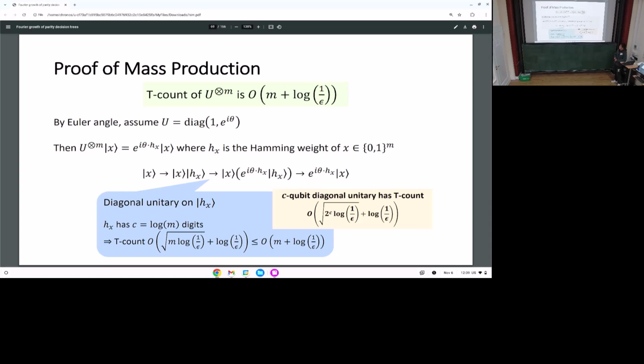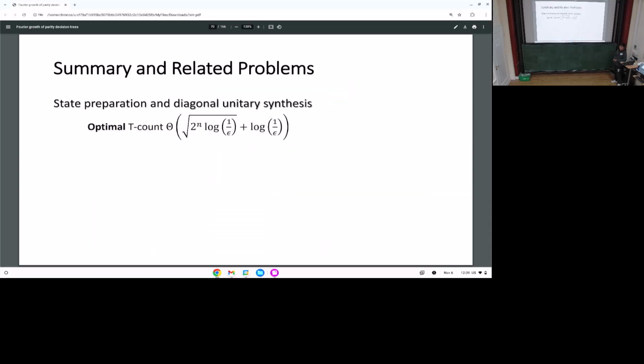Okay, so these are the results I want to talk about, and let me just summarize here and give open problems. We show optimal T count complexity for the state preparation task and the diagonal unitary synthesis task. The bound is like square root of 2 to the n times log 1/epsilon plus log 1/epsilon. So the major term is going to be a square root saving.